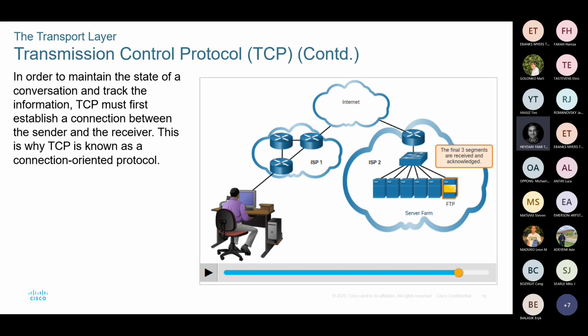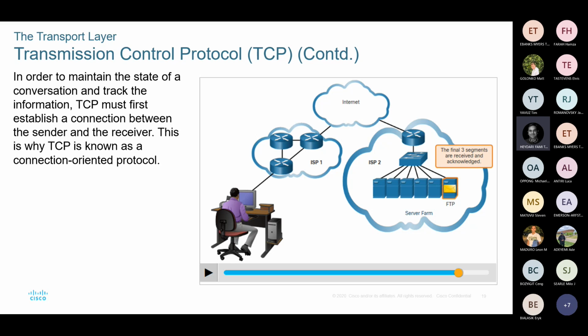We kind of looked at this as sellers who are going to sell TCP by telling you that TCP is good in this sense or that sense, or has this feature or that feature. But how does TCP do that? TCP, unlike UDP, is known to be a connection-oriented protocol.